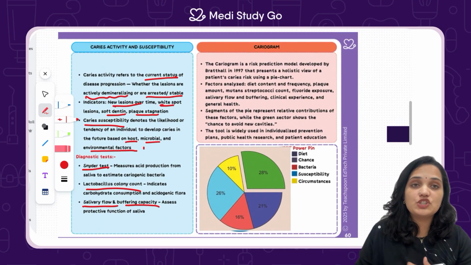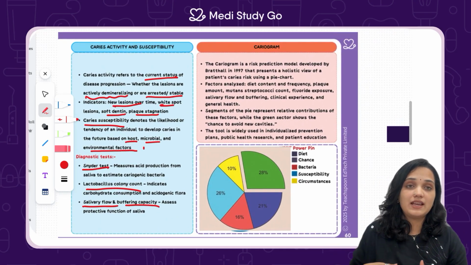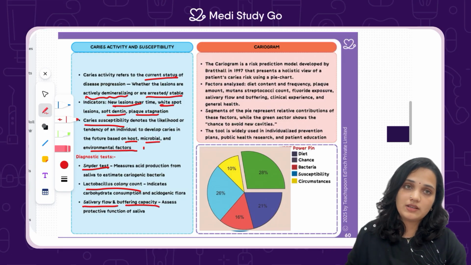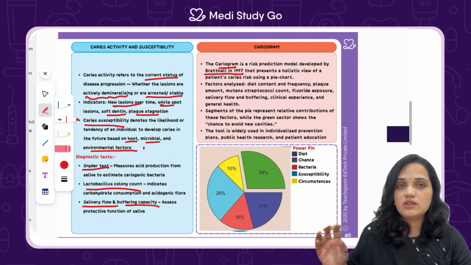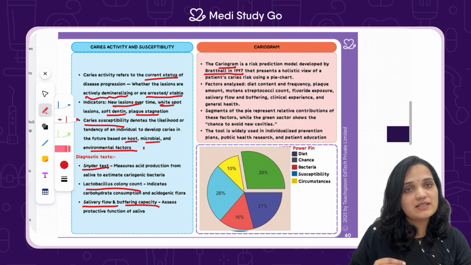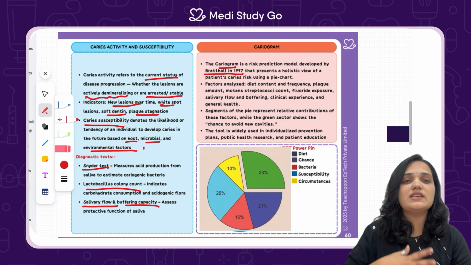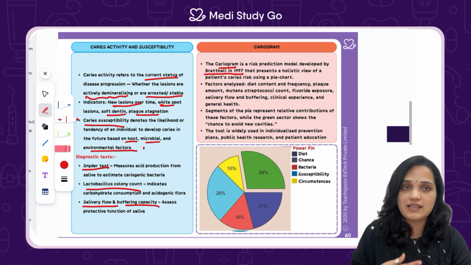Now, to help visualize the caries risk, a model called the cariogram was developed by Bratthall in 1997. This cariogram is a pie chart representation of the various factors that influence the caries risk.